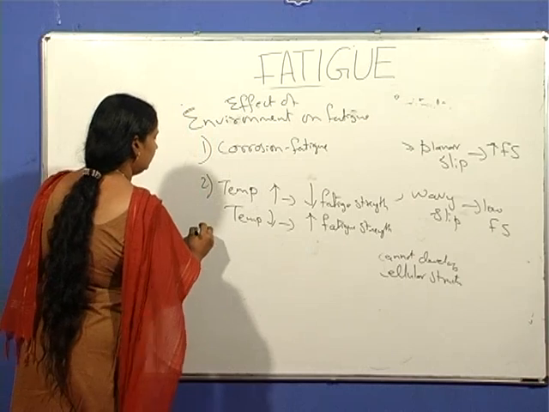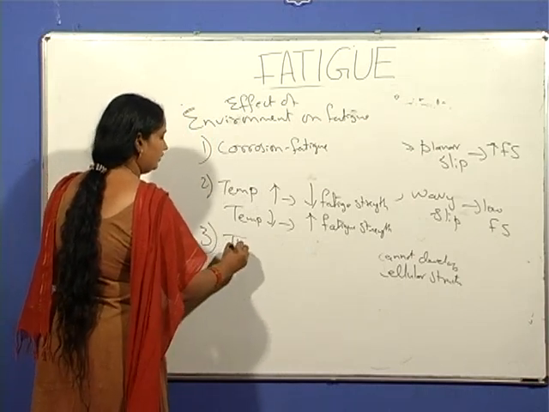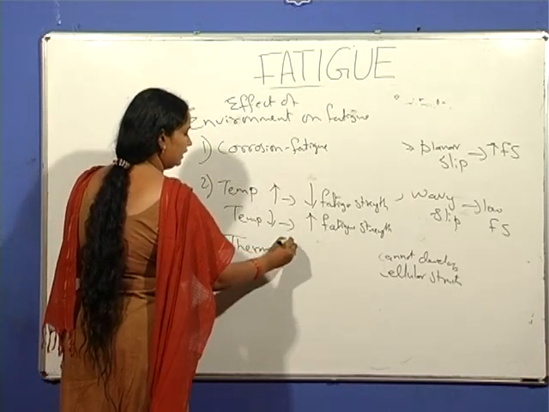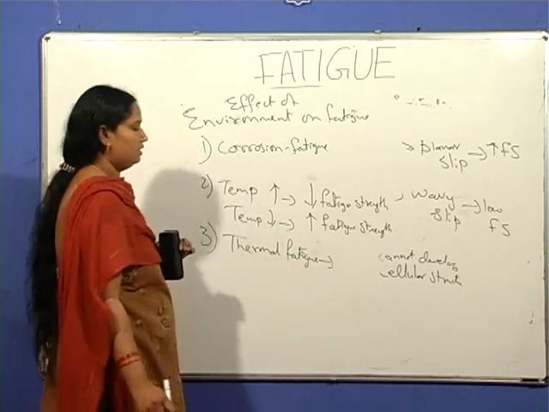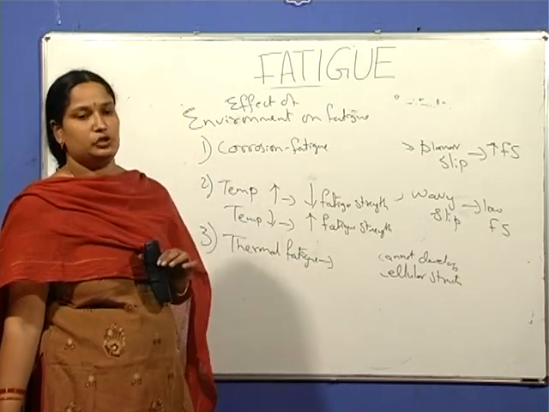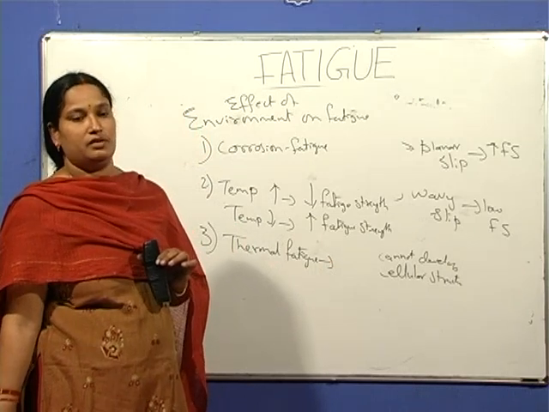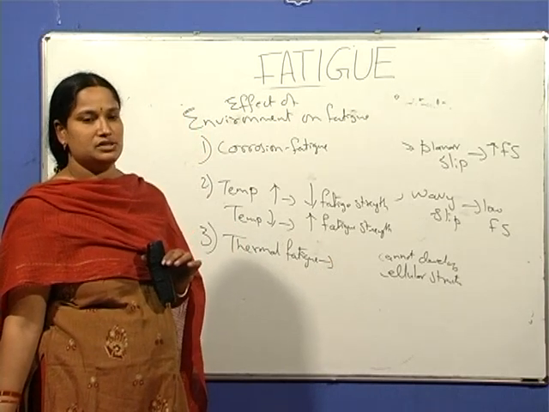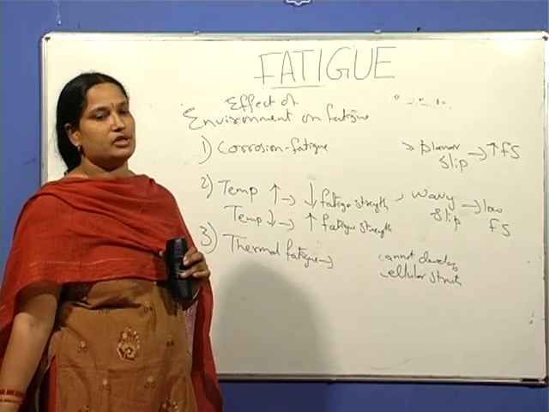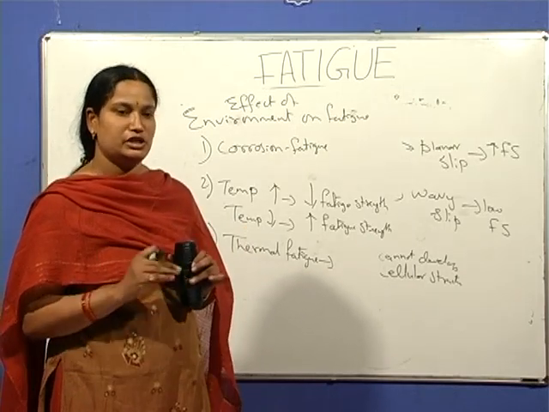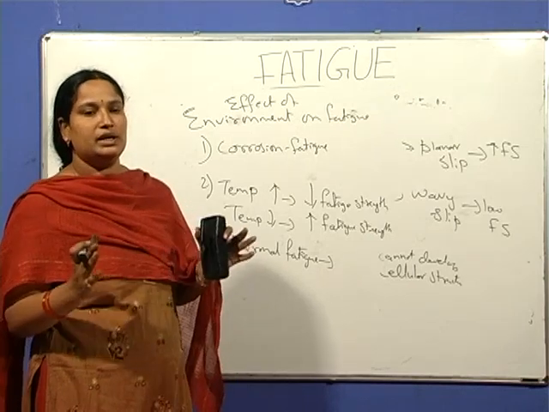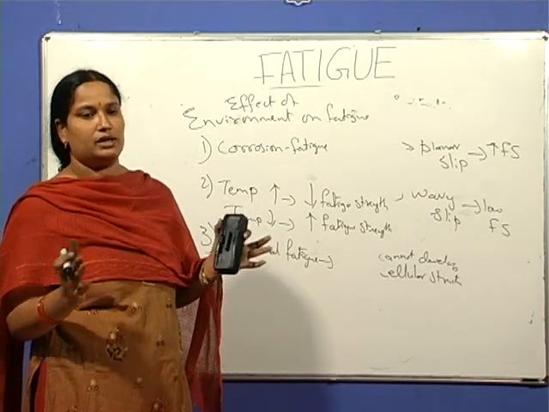Then the third is thermal fatigue. Thermal fatigue is seen mainly in components which are subjected to very high temperatures. When there are variations in temperature, as we have discussed in the case of strain controlled fatigue, thermal stresses are induced in the material because the material cannot freely expand or contract.